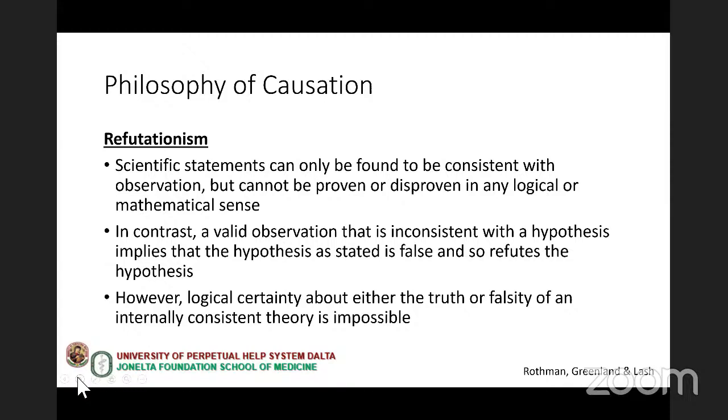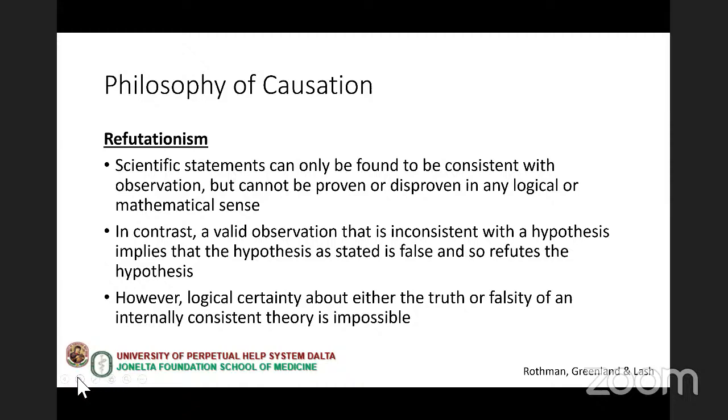So in contrast, an observation that is inconsistent with a hypothesis implies that the hypothesis as stated is false, and so refutes the hypothesis. However, logical certainty about either the truth or falsity of an internally consistent theory is impossible. So you have a general observation, but it cannot be proven or disproven in any logical or mathematical sense.